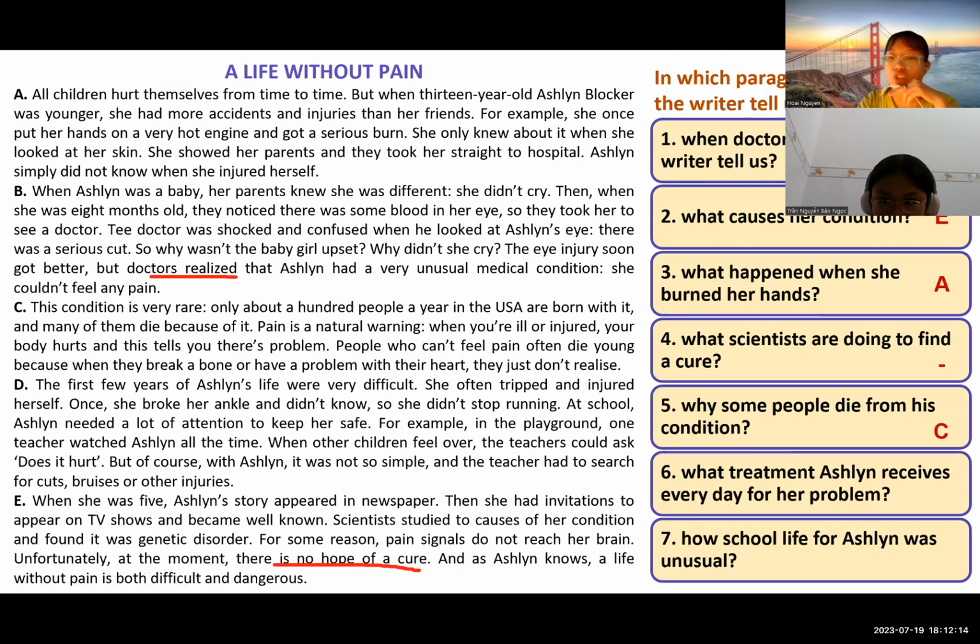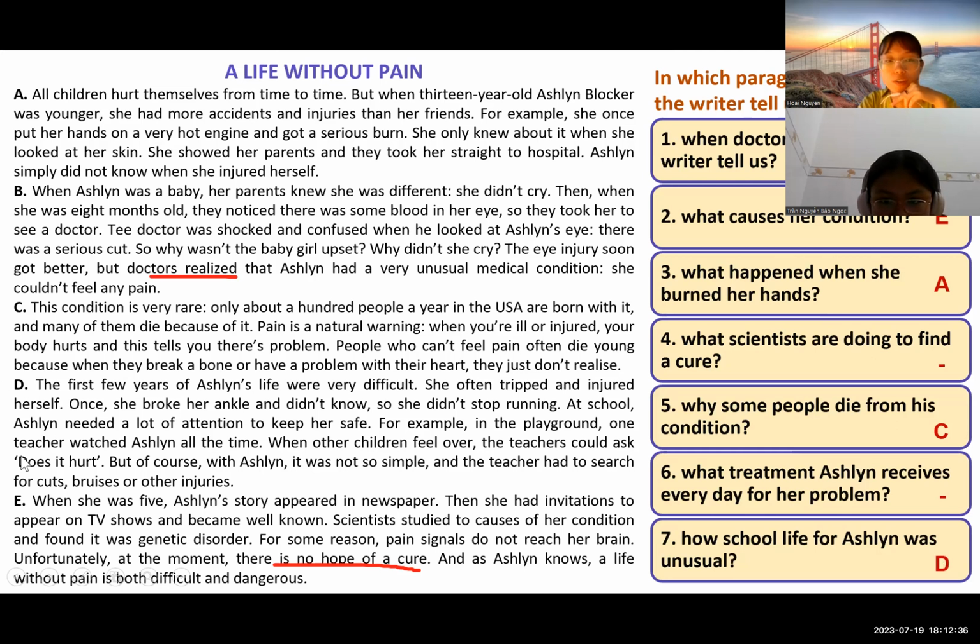Number six, what treatment did Ashlyn receive every day for her problem? No answer. Okay, very good. They don't have any treatment. Number seven, D. Okay, D is the correct answer.